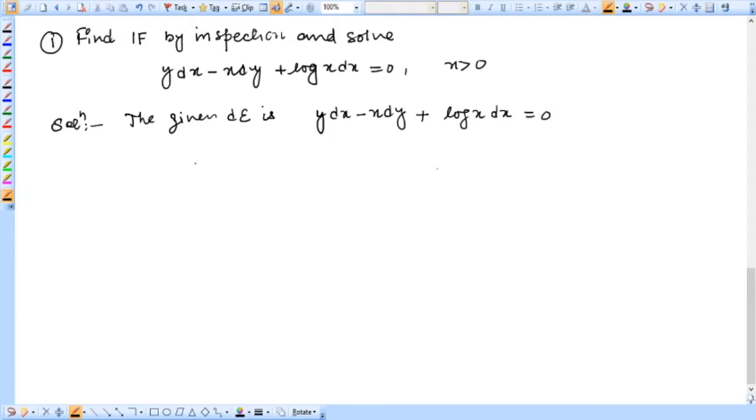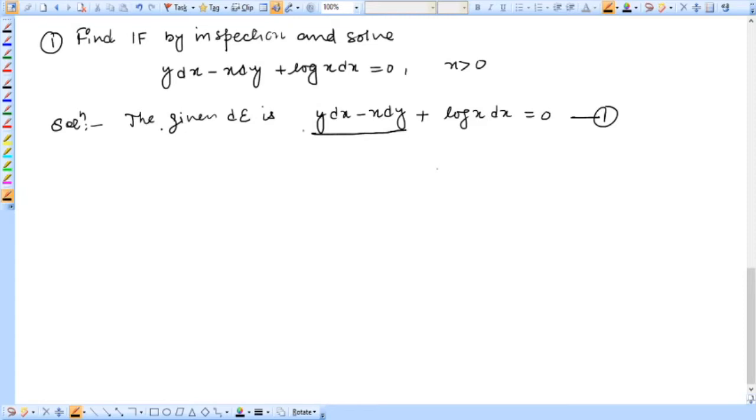Give it equation number 1. Here the expression involved is y dx minus x dy.